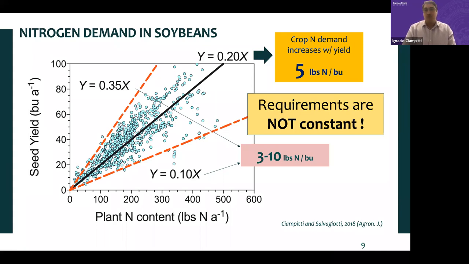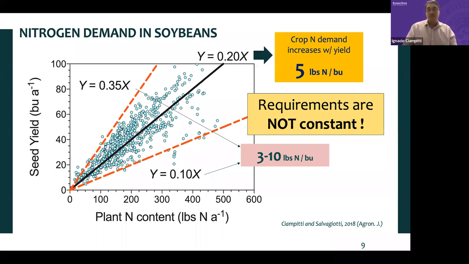The other aspect that we always tend to emphasize, and we show these envelopes here in red, is that the demand of nitrogen is never constant. Usually we say that soybeans need roughly 5 pounds of nitrogen per bushel. But if you look at these two scenarios on the envelope, there are situations where we have less inside of the plant, and situations where we have more.